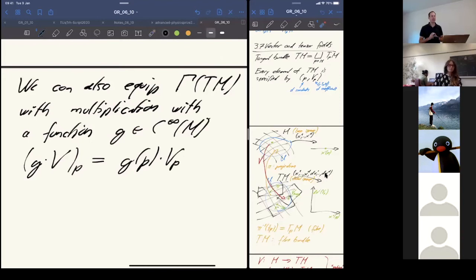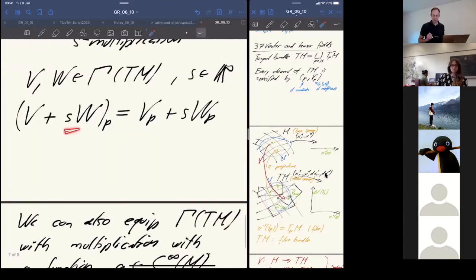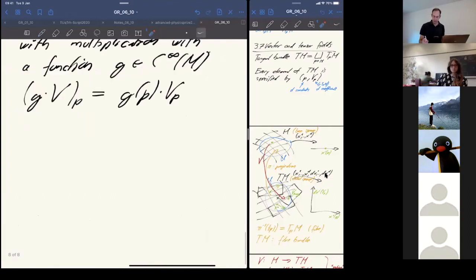So it's again extremely intuitive, but the multiplication with S was a multiplication where you multiplied each vector with the same real number. Here, at each point you multiply the vector with a potentially different number.